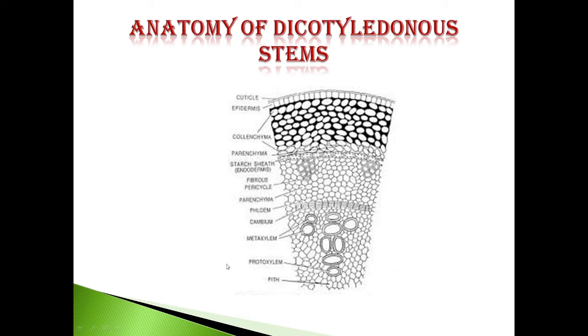Then in some plants there is a presence of sclerenchyma cells in the cortical region. There are again two varieties of these sclerenchyma cells, that is the short or irregular shaped cells known as the stone cells, and the sclerenchyma fibers.